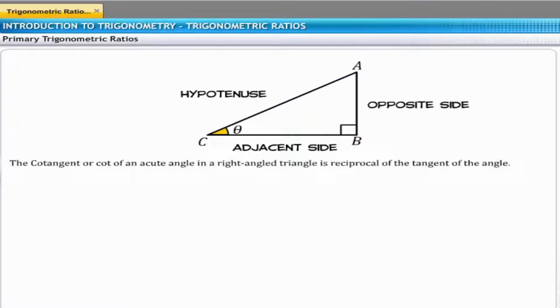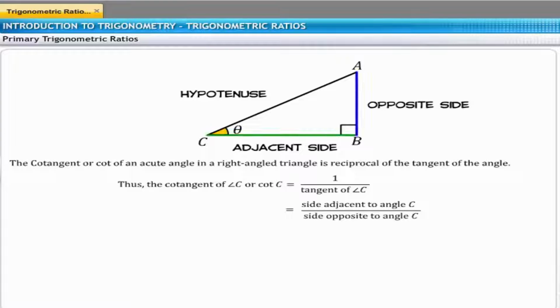The cotangent or cot of an acute angle in a right-angled triangle is reciprocal of the tangent of the angle. Thus, the cotangent of angle C is equal to the ratio between the side adjacent to angle C and the side opposite to angle C. Or, the cotangent of C is equal to BC upon AB.